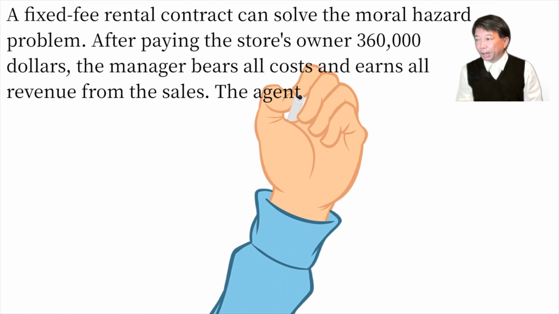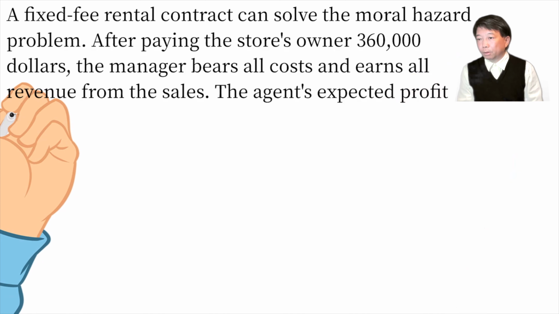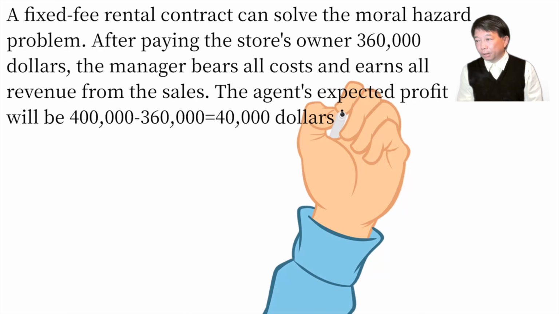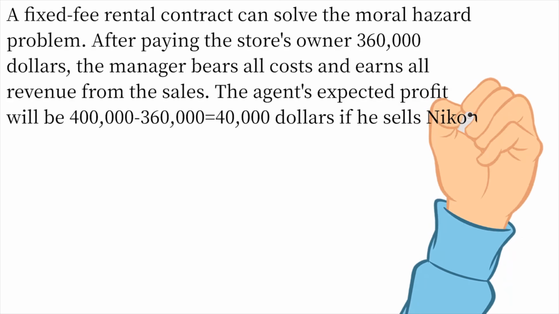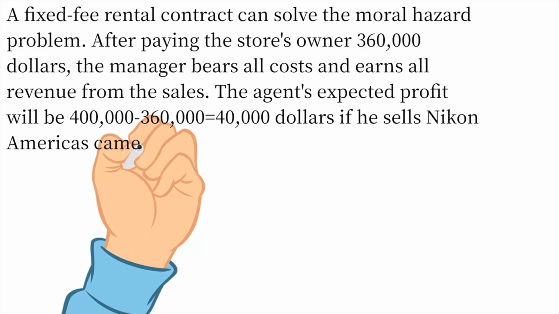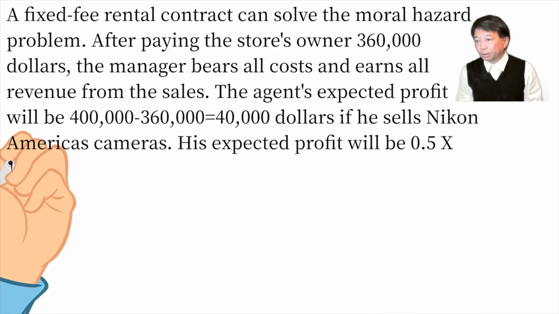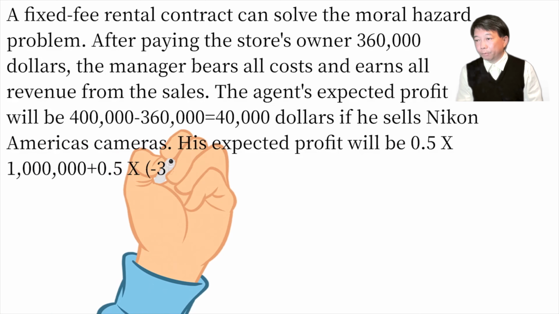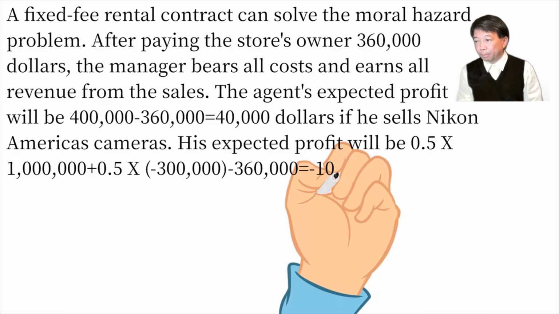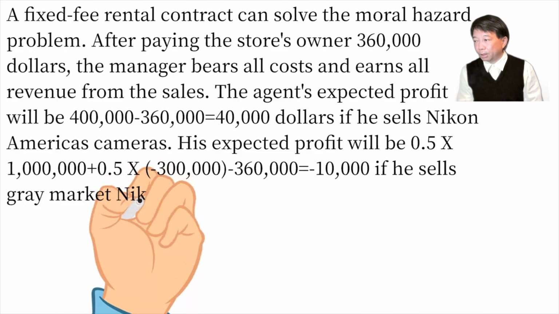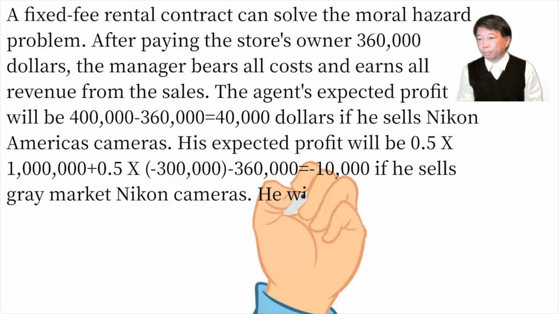The agent's expected profit will be $40,000 if he sells Nikon America's cameras. His expected profit will be minus $10,000 if he sells gray market Nikon cameras. He will choose to sell Nikon America's cameras.